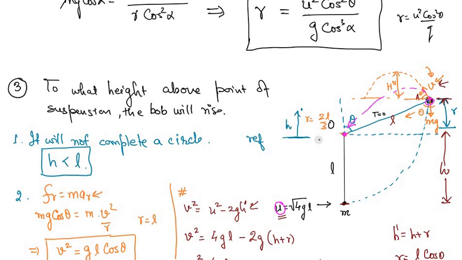You can do that problem as an exercise, or you can find it in H.C. Verma's book. I don't remember exactly what the question number is, but you will find it in the circular motion or work energy theorem chapter. So that was all about projectile motion and circular motion concepts.